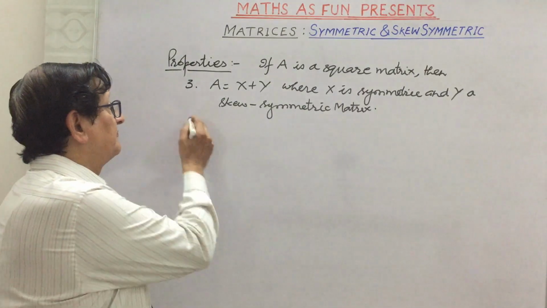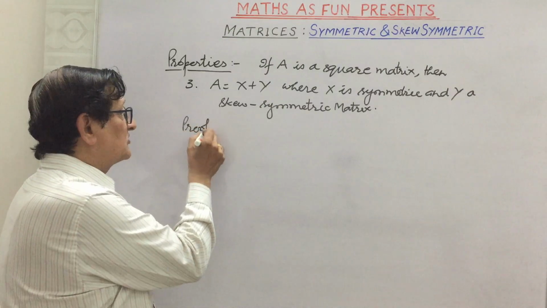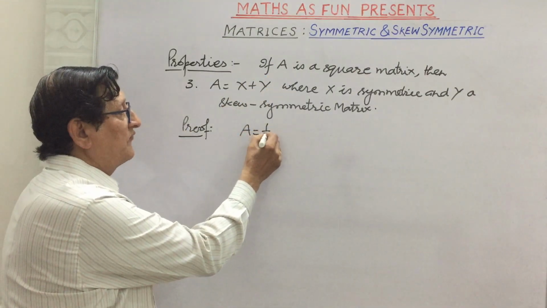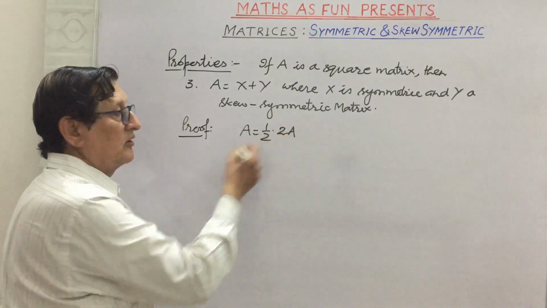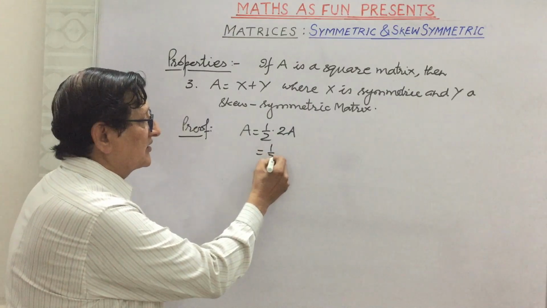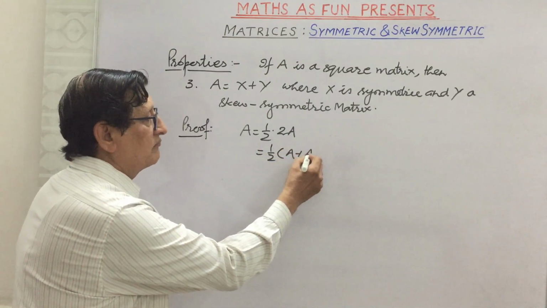Let's see how it is. Suppose we have a square matrix A. Can we write A as half of 2A? We multiply and divide by 2. Can we also write this as half of A plus A?